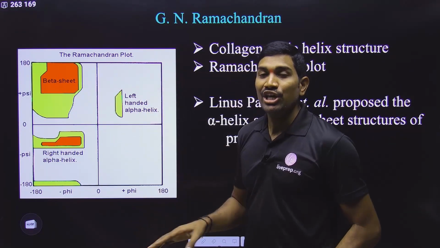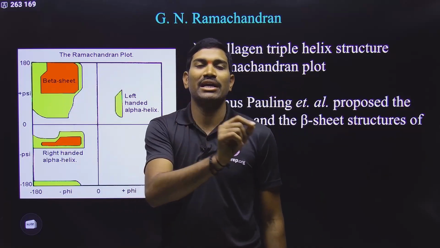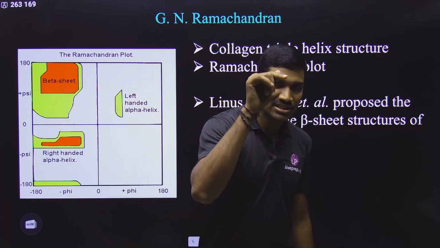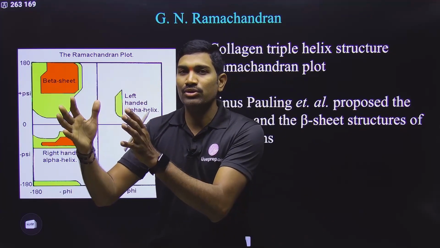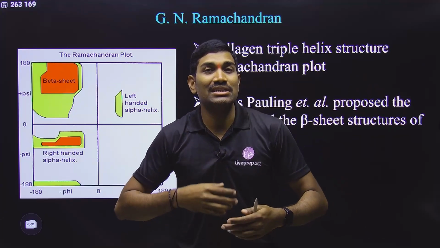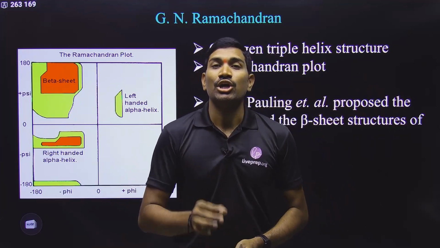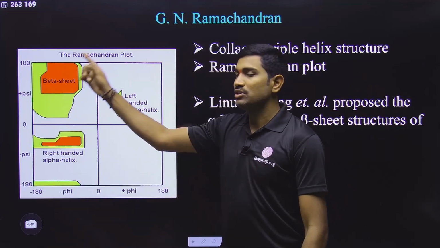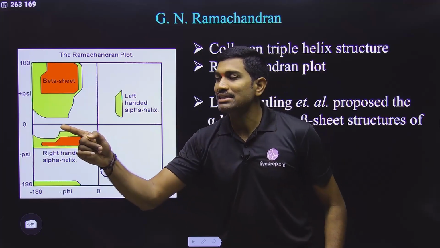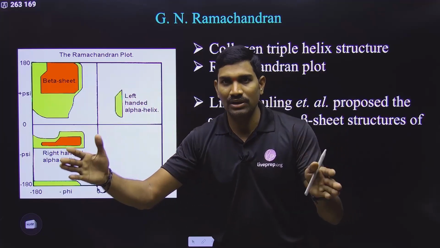Using this plot, if you simply know the sequence of amino acids in a protein, once again I am repeating, if you know the sequence of amino acids in a protein, in which portion, what type of secondary structures can be formed, you can easily predict with the help of this plot.